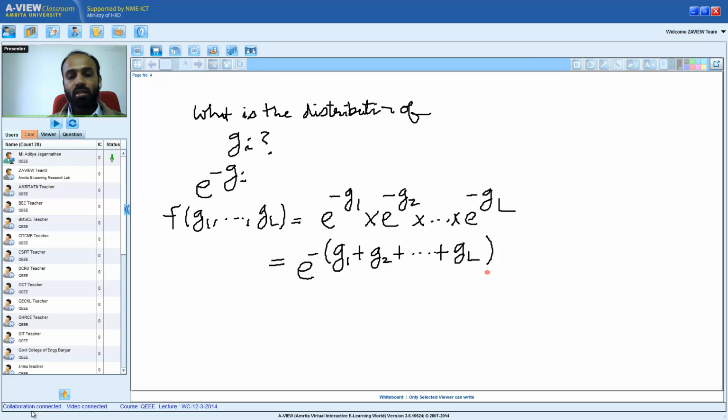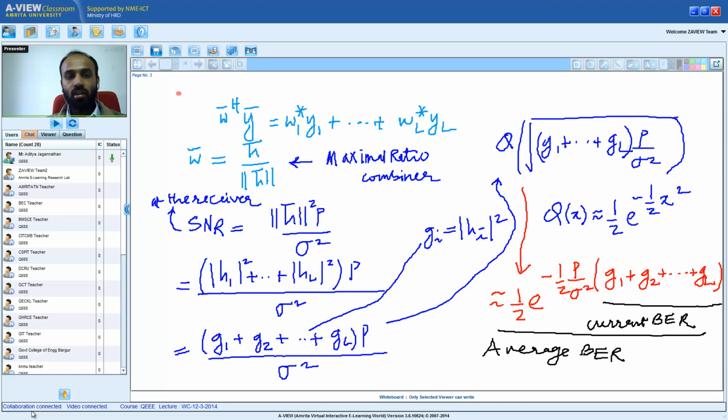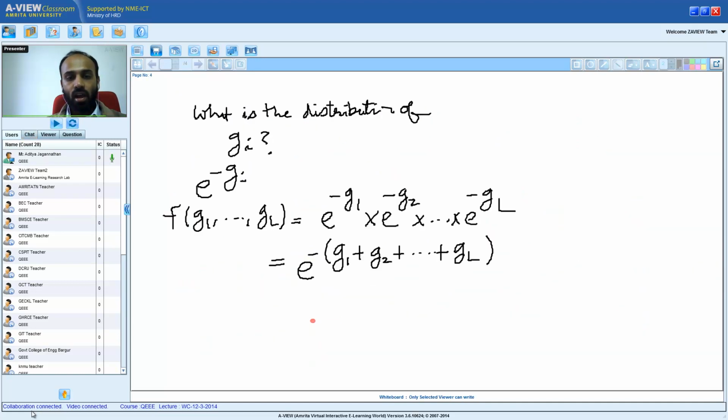Therefore now to average this, I have to multiply this instantaneous bit error rate I have over here with the distribution, and therefore average it.